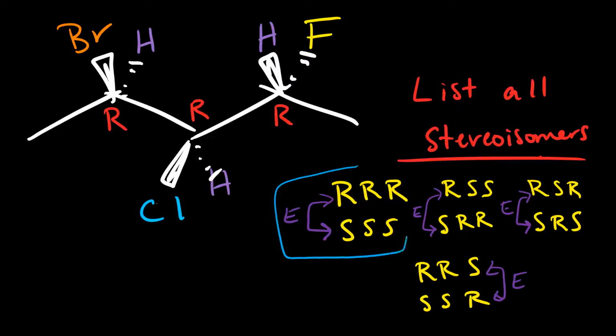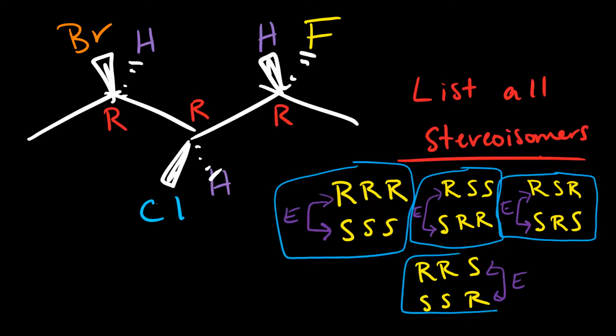Each pair is an enantiomer, but if I were to describe the relationship between any of these pairs to another pair, so for example these two, these are diastereomers. So when they're not opposite at every center, then it's a diastereomer.